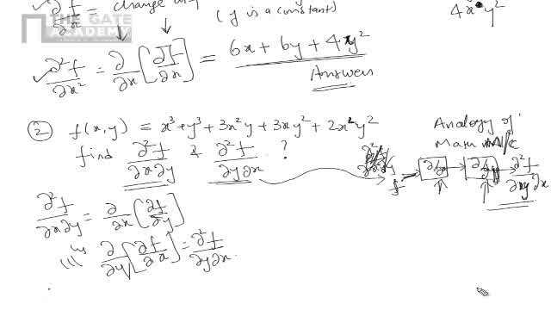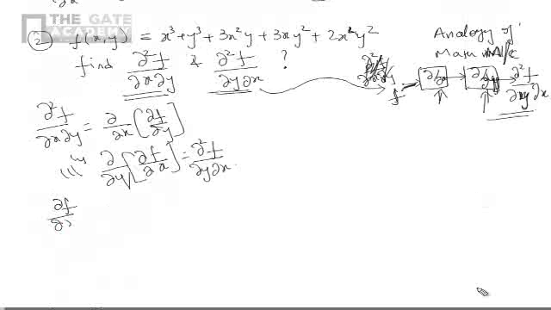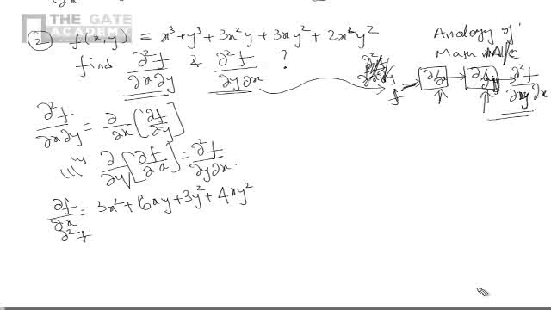Now, having understood this, let us find this. We have already calculated in the previous problem ∂f/∂x = 3x² + 6xy + 3y² + 4xy². Now I have to find ∂²f/∂y∂x, which is nothing but ∂/∂y of ∂f/∂x.